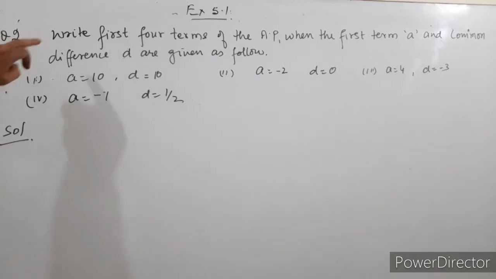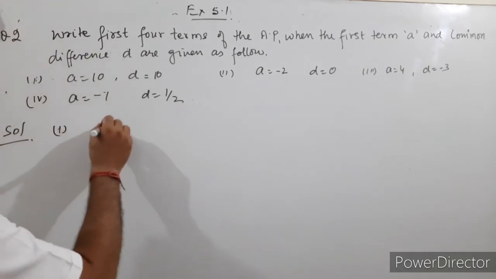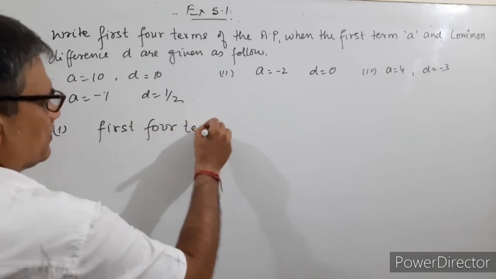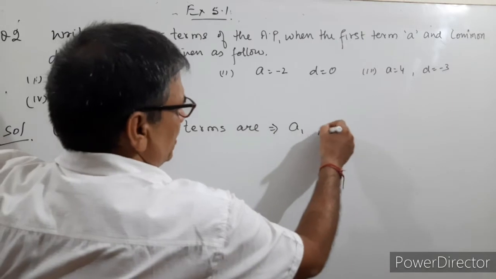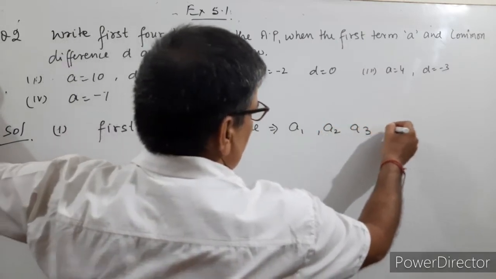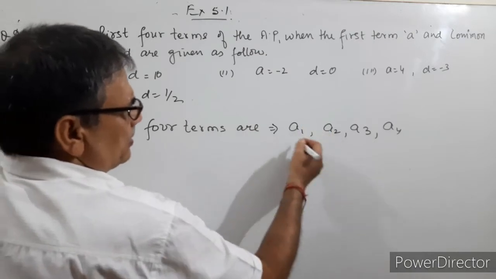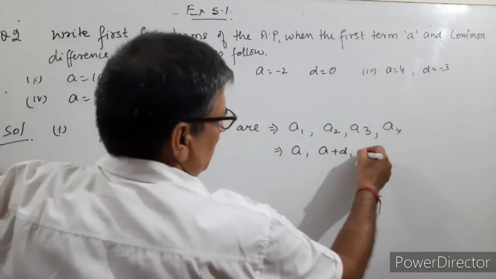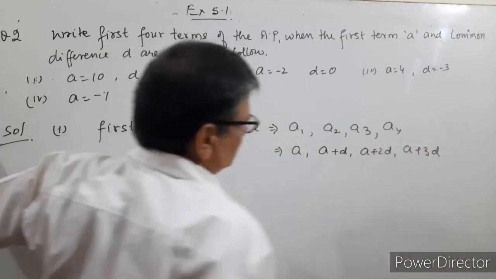Now write the first four terms. First four terms means A1, A2, A3, A4. Whereas A1 means A, and we have to find A plus D, A plus 2D, A plus 3D.